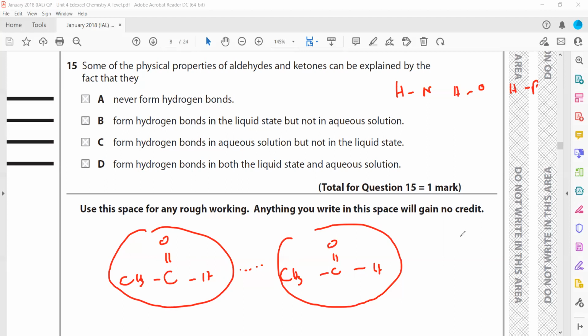But if there is a water molecule, for example H2O, oxygen is having a lone pair, so there will be partial positive and negative, and this hydrogen will be attracted toward the lone pair of the oxygen. That is called a hydrogen bond. So when they are mixed with water, they can form a hydrogen bond with water molecules, but between themselves, they cannot form a hydrogen bond. That's why C is the right answer.